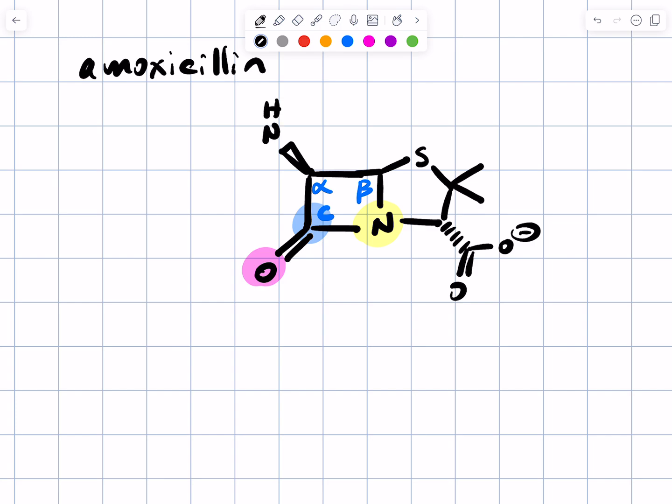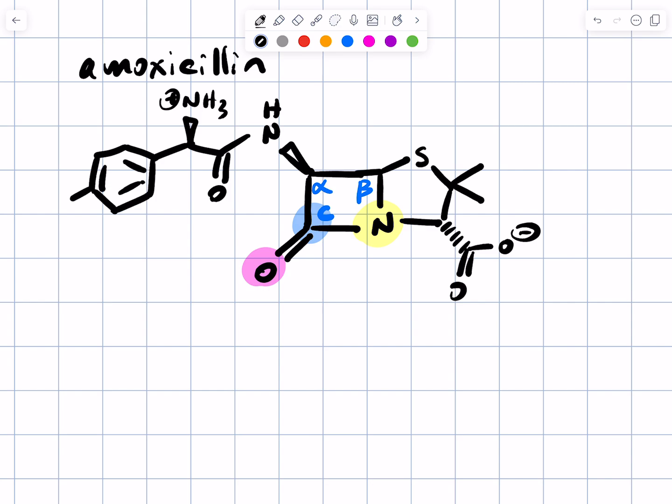Here's a nitrogen, and then attached to that nitrogen is another amide bond, an ammonium group here with a positive charge, and all of your nightmares together in one molecule, a benzene ring. All right. This is amoxicillin.